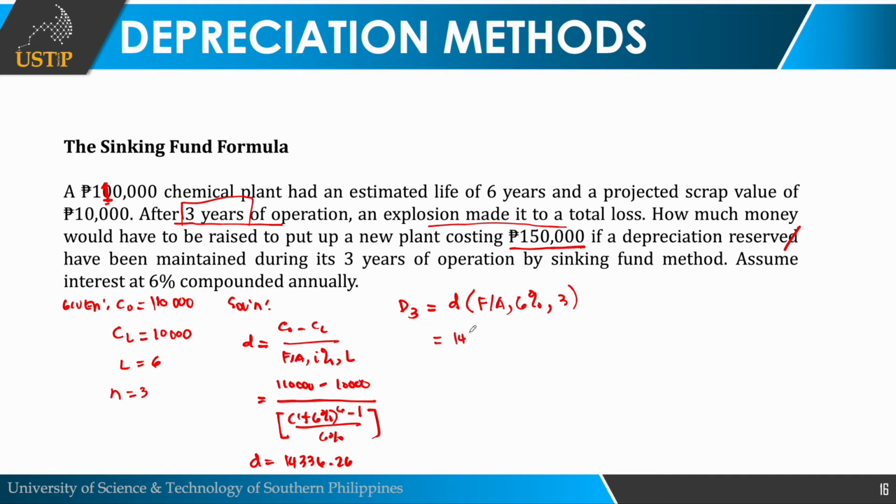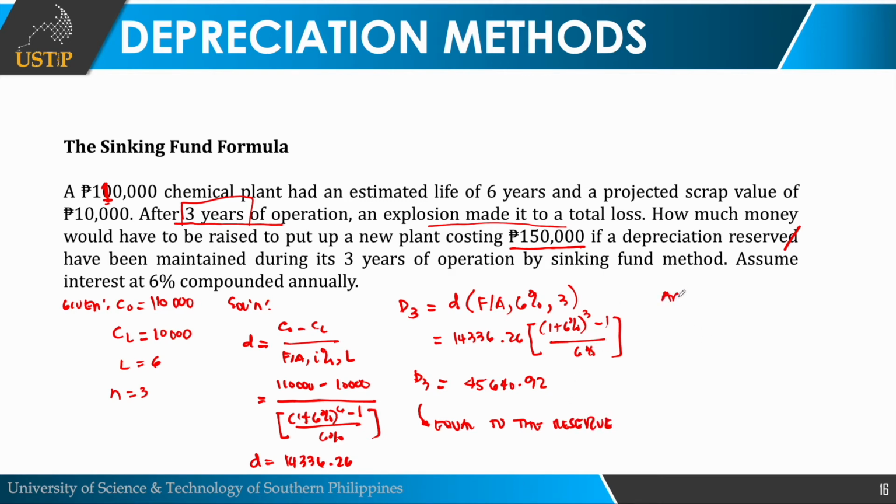Alright, so we have 14,336.26 multiplied by (1 plus 6%) raised to 3 minus 1 over 6%. Okay, our depreciation after 3 years totals 45,640.92. As I mentioned, this is the amount that is equal to the reserve of the company.